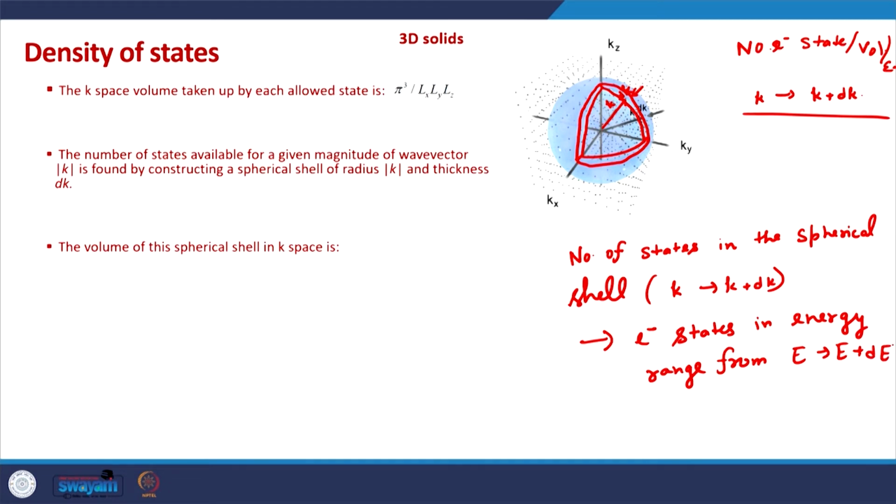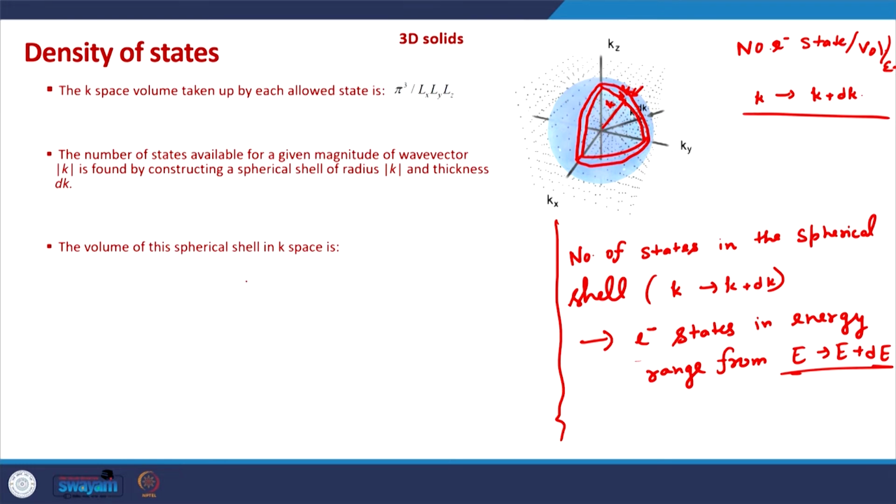Okay, so the number of electronic states which lie in the spherical shell will correspond to the electronic states in this energy range, energy from E to E plus dE basically. Okay, so now let us do a simple calculation.